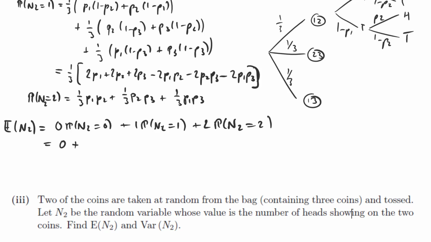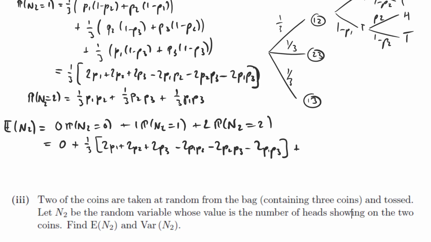So that's 0, I don't even need this first expression here, plus this probability that I've got here, 2p1 plus 2p2 plus 2p3, minus 2p1 p2 minus 2p2 p3 minus 2p1 p3, and then I've got 2/3, just factorizing a little bit here, (p1 p2 plus p2 p3 plus p1 p3).